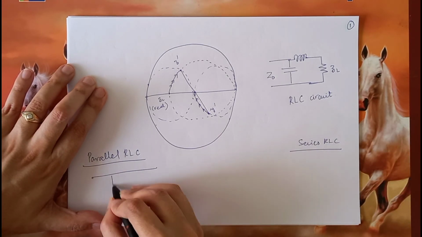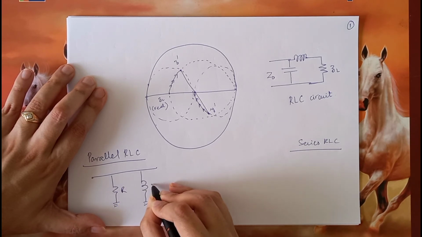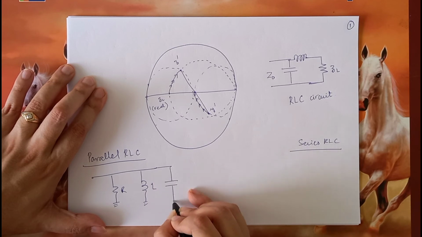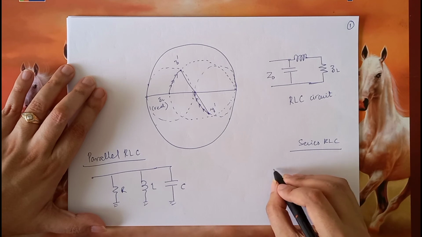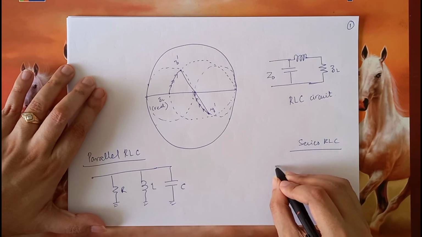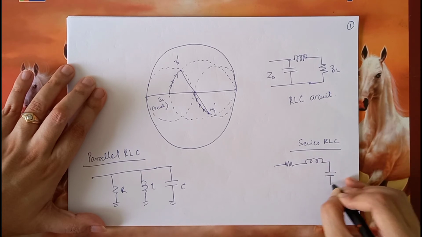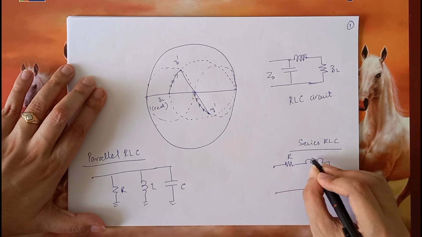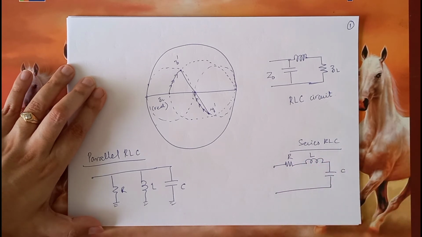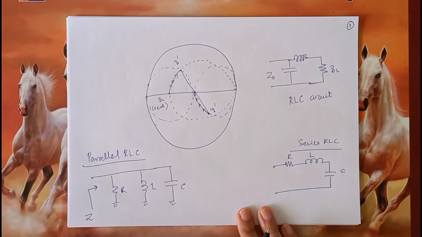So this is the R, this is the L, and this is the C in case of a parallel RLC. A series RLC would look something like this. Let us say the impedance looking into each of these networks is some Z.